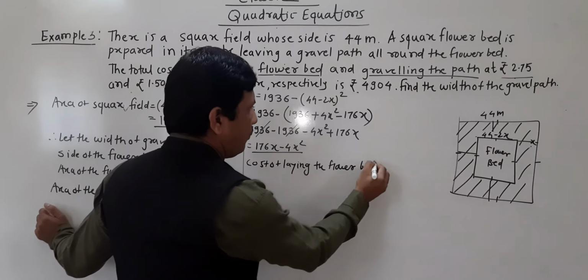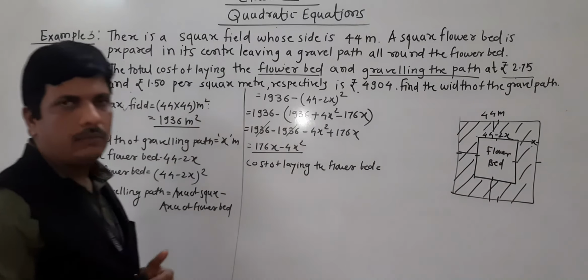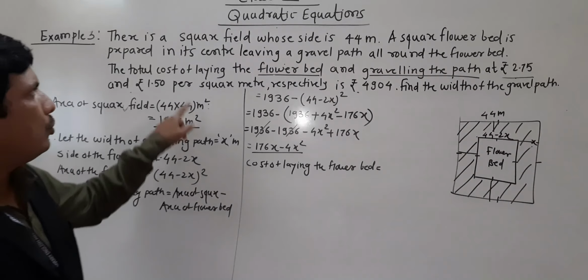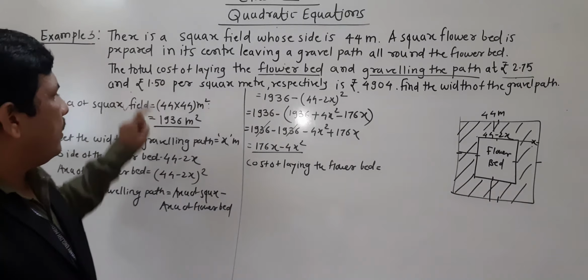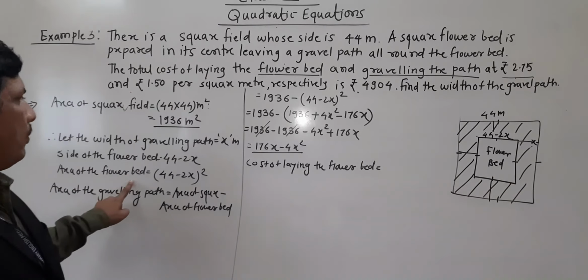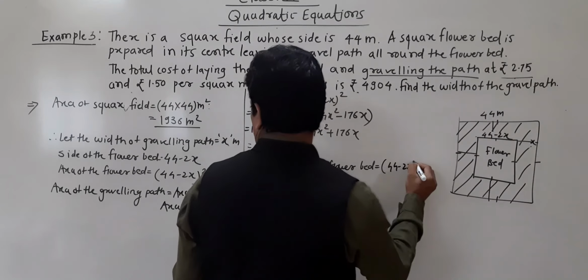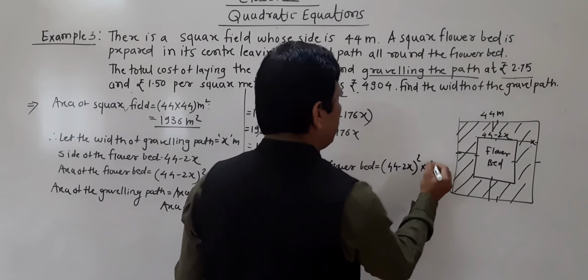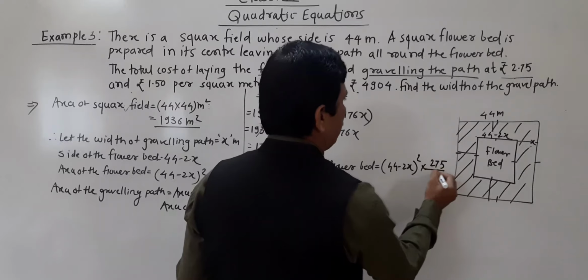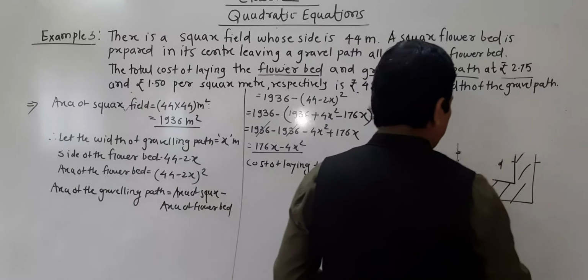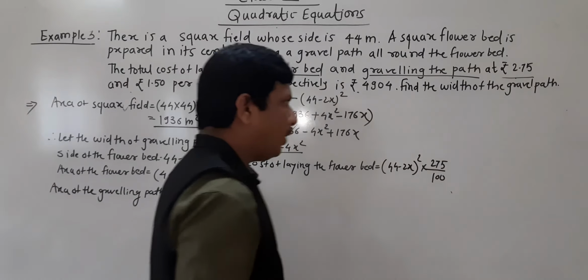How can we find it out? Area of flower bed multiplied by its cost. What is the area of the flower bed? Area of the flower bed is equal to (44 minus 2x) whole square multiplied by 275 upon 100. Now we need to expand this.